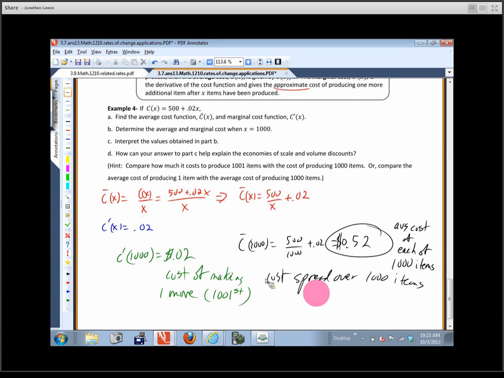But if I mentally split it right there at 1,000, what if I sell them the next 1,000? How much does it cost me for every one of those next 1,000? 2 cents a piece. What if I'm selling them for 80 cents? I'm making 78 cents.